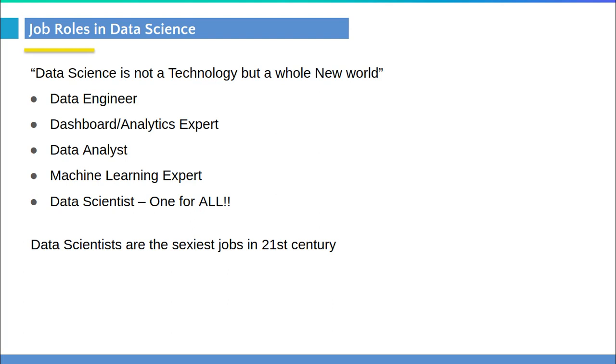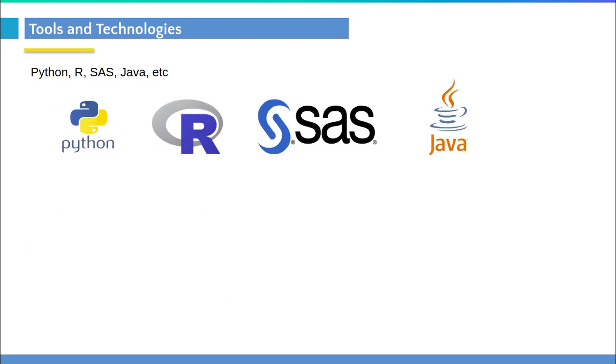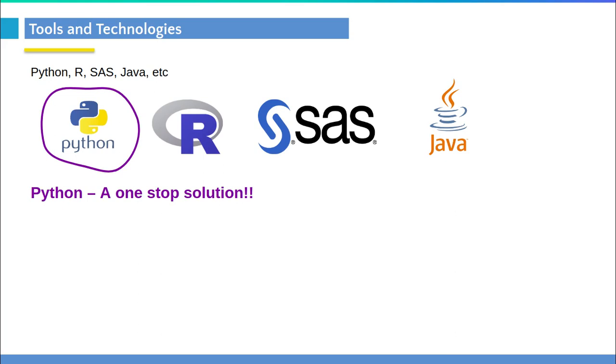We have already discussed the job roles, so I don't want to take much time there, but I would like to highlight a couple of important things. Here are the tools, techniques and technologies we use, right? You may find R or SAS or Java or Python. There are so many libraries and programming languages or tools available in the market, but Python has become a one-stop solution today for a lot of data scientists.